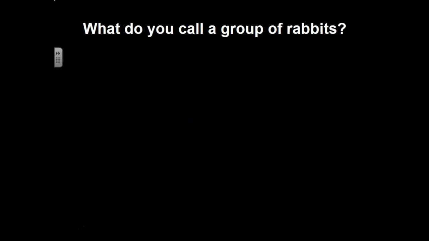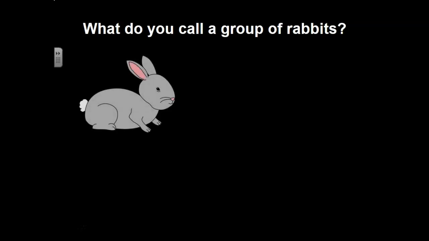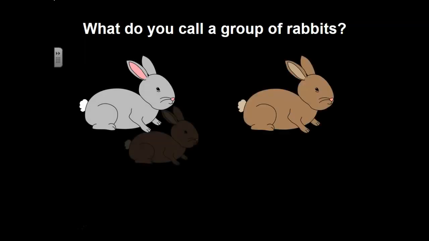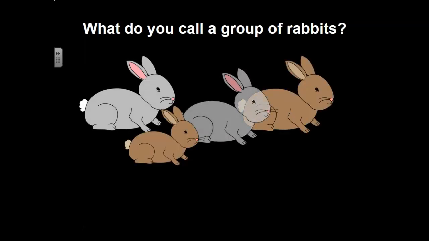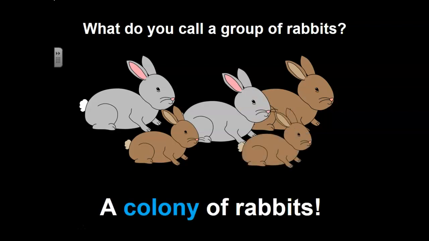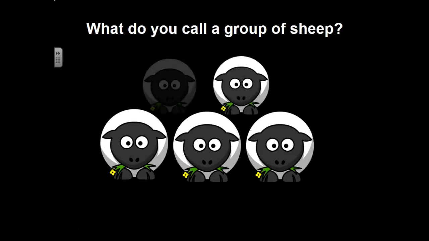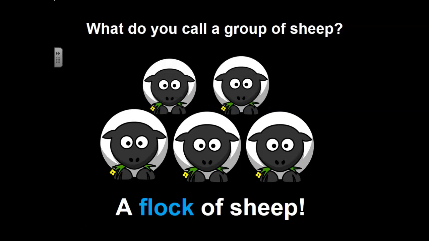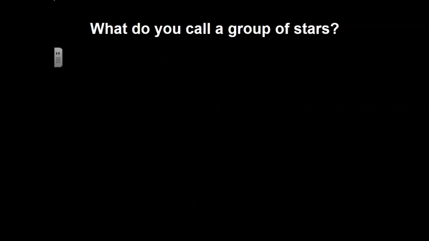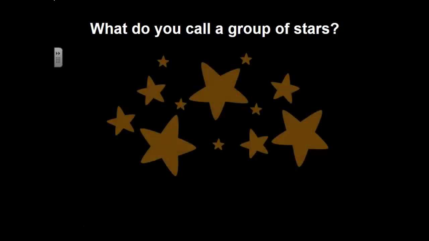What do you call a group of rabbits? A colony of rabbits. What do you call a group of sheep? A flock of sheep. What do you call a group of stars?